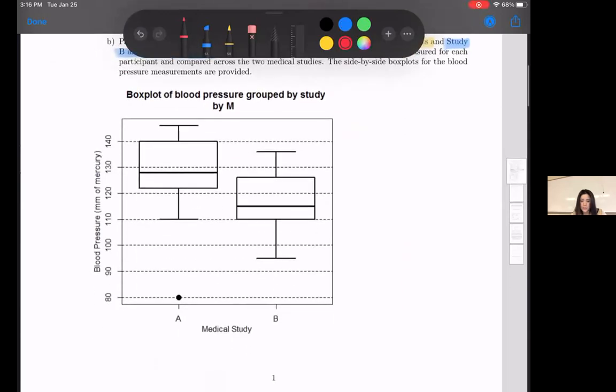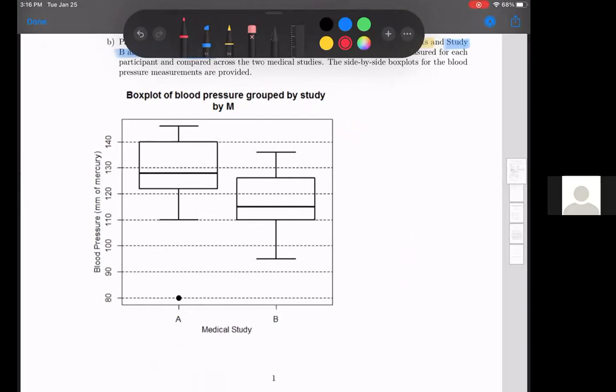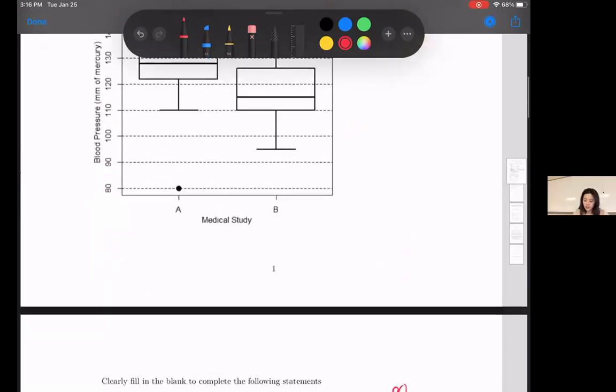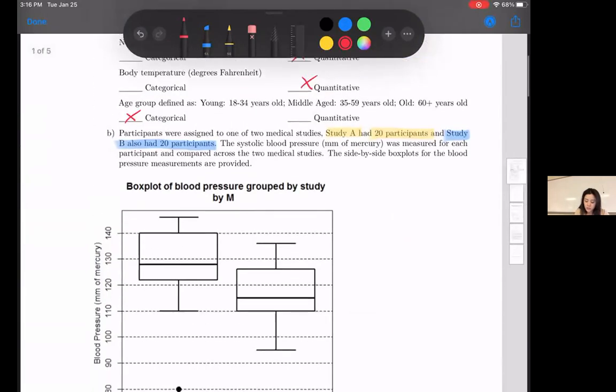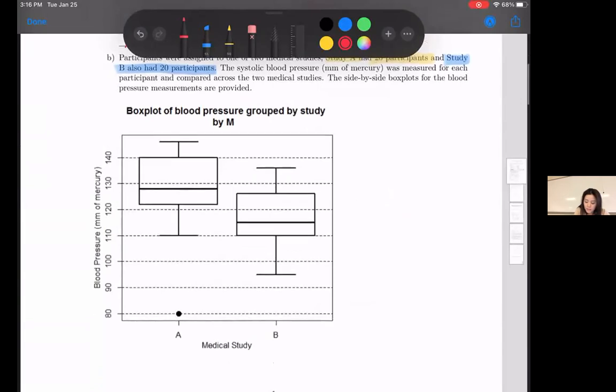About 75% of participants in study B have a blood pressure higher than blank. 110, right? It says 75% of participants in study B have blood pressure higher, right? So 75% is from here to here. Why do I choose this but not this?